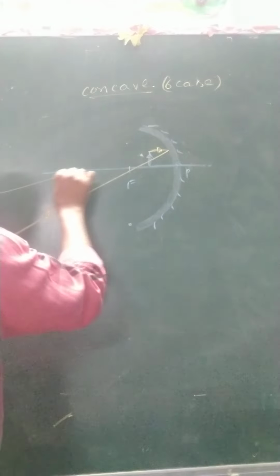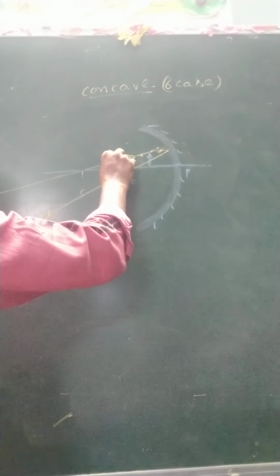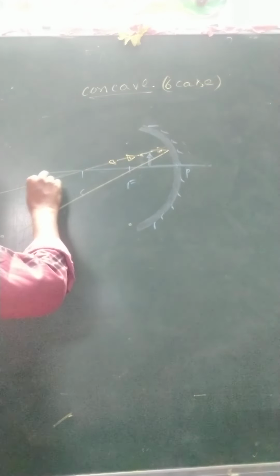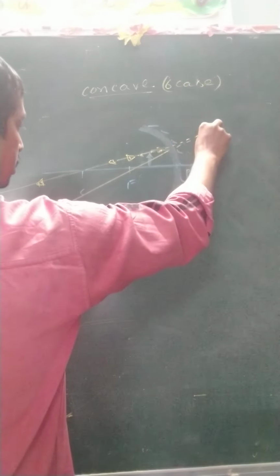Another ray passes through the tip of the object, like this one, incident ray, and this one is the reflected ray. These two are diverging rays. They can be extended backward. Image is formed behind the mirror. Nature we can say virtual, erect, enlarged image. That is the ray diagram for concave.